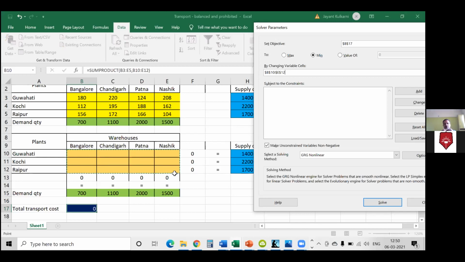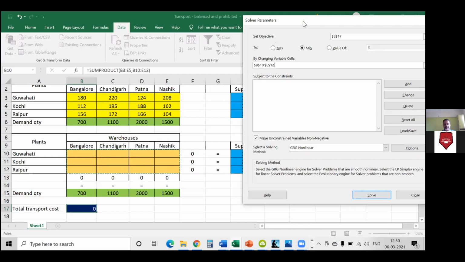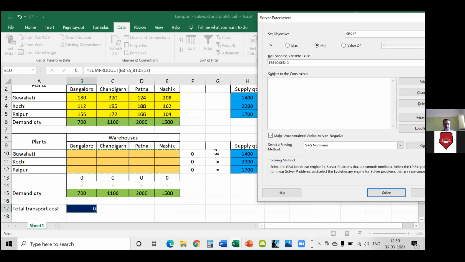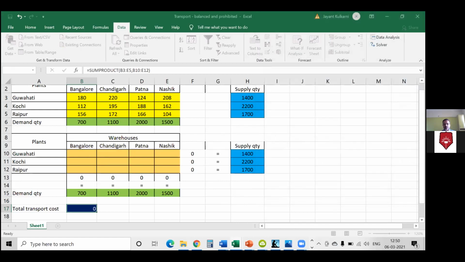Now, the last step on Solver is to add the constraints. Like in the first example, there are two sets of constraints: one on the supply side and one on the demand side.